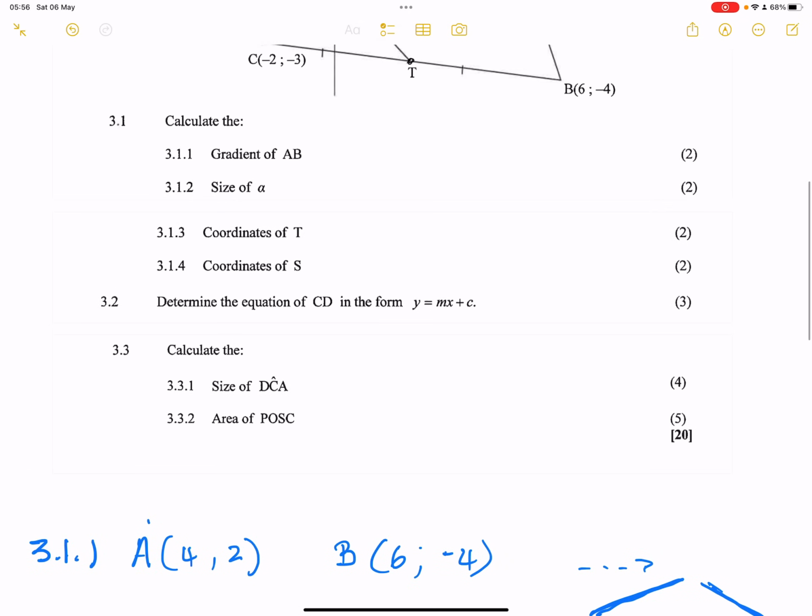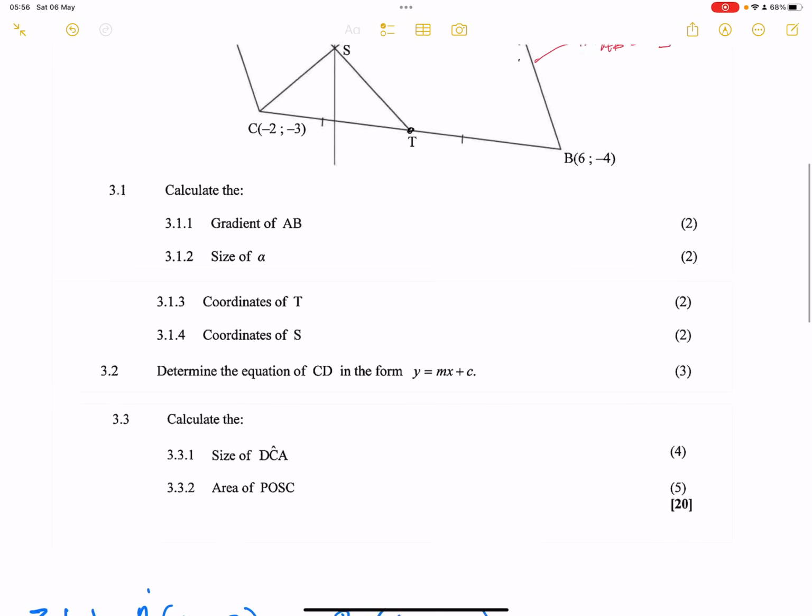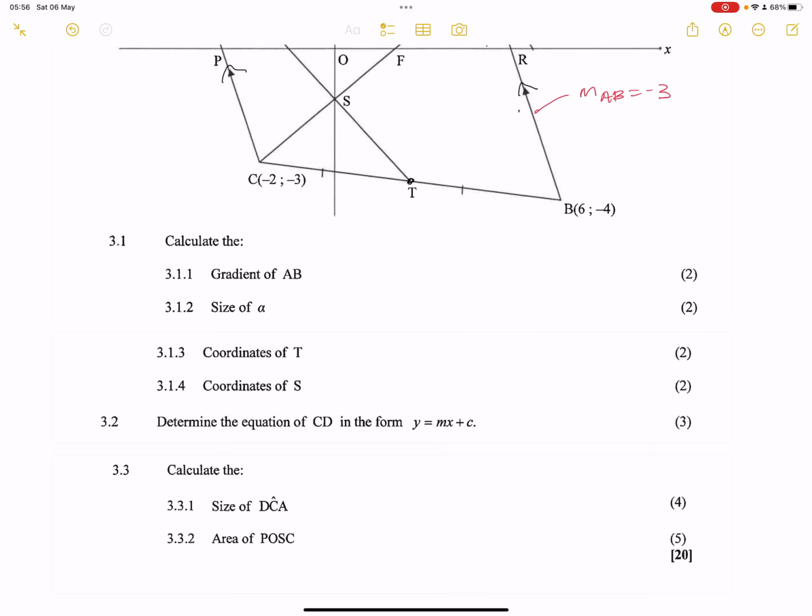The next question, 3.1.3, says calculate the coordinates of T. Quite straightforward.